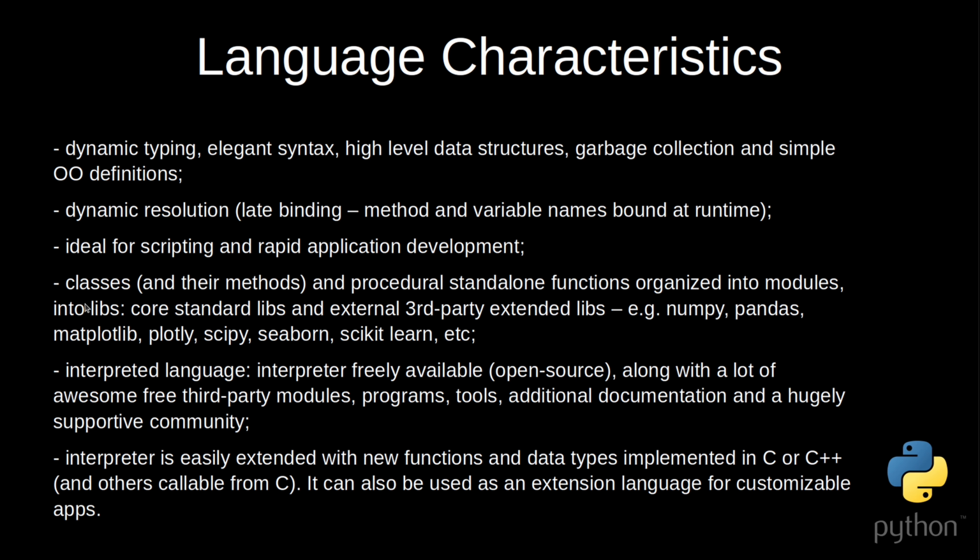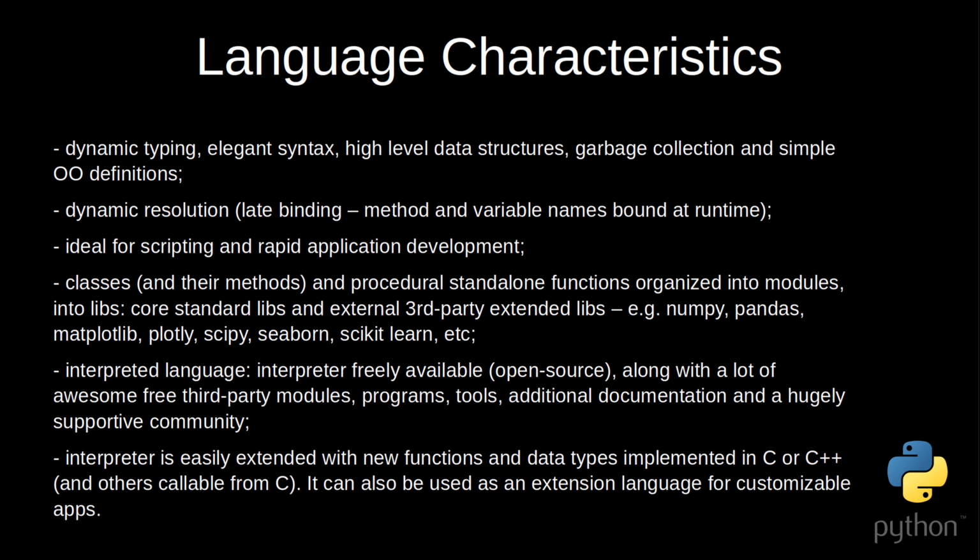We have classes with their methods. In our case, we don't have to design object-oriented programs, but we'll be using a lot of objects from external libs or external packages that inside are object-oriented.